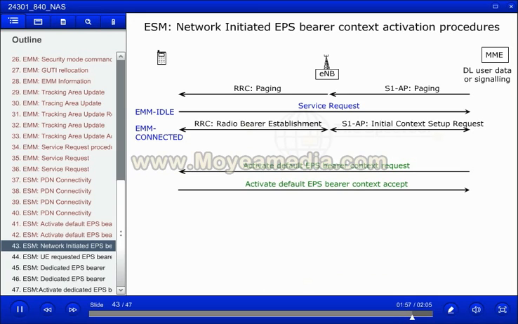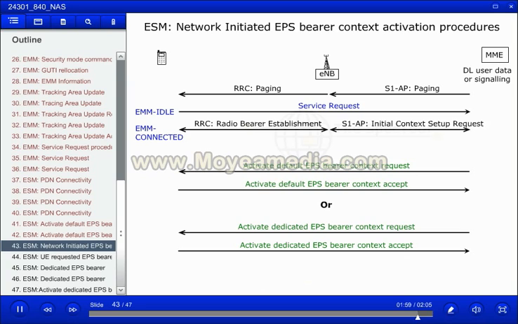The dedicated EPS bearer context activation procedure is initiated by the network in order to add additional bearers to the already existing default bearer. This is required, for example, when the properties of the default bearer, such as quality of service, do not match the requirements for the new service.